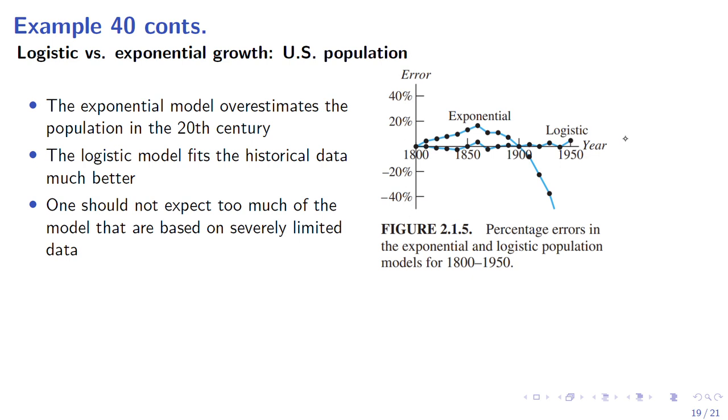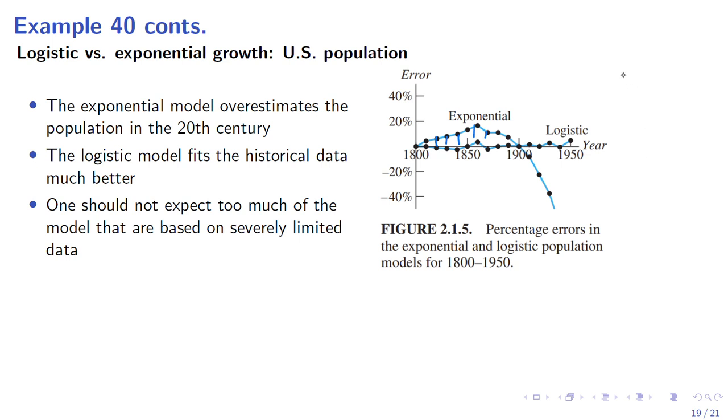Here I have a graph starting from 1800 and going even until 1950. You can see that, percentage-wise, the exponential growth model has a higher error. It was like 20% error in the middle of the century, and then after 1900 the error is negative.